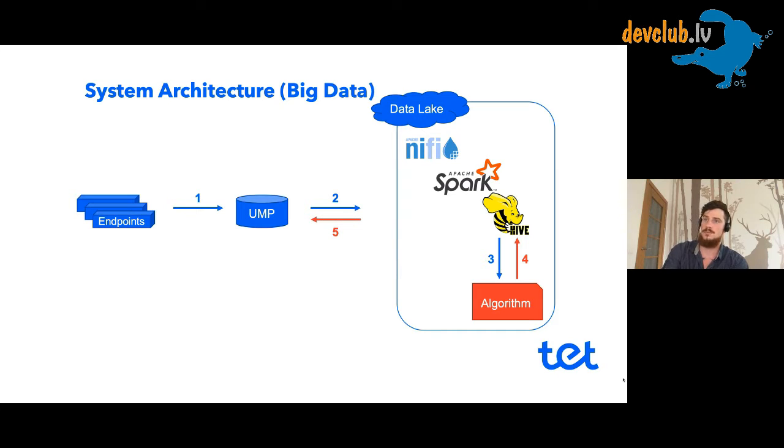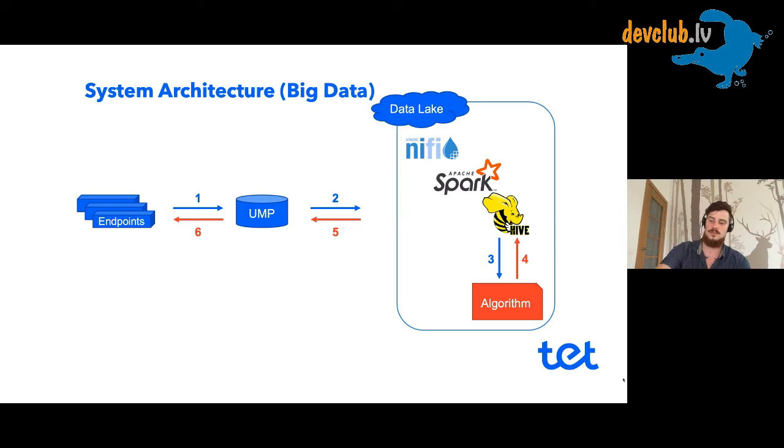We send it back to UMP, and UMP initiates the resets. And that was the first project that we implemented. So we are actually looking at the data of endpoints, seeing how they are performing.